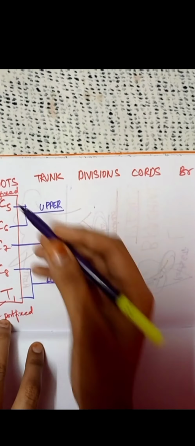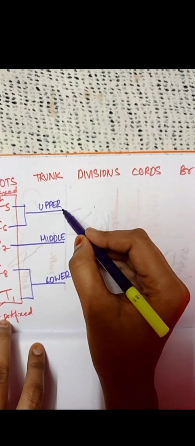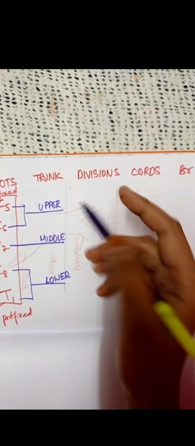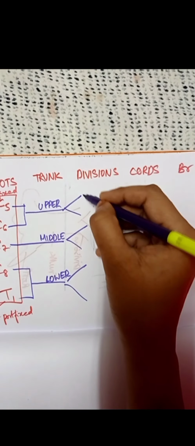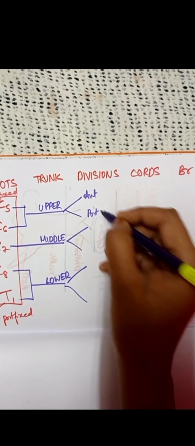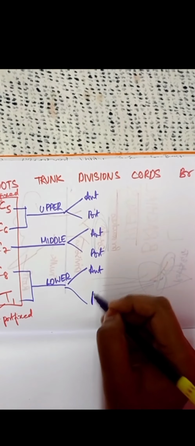So simple, combine the upper two, combine the lower two. Done. Divisions, there is no such symbol to remember: anterior, posterior. Every trunk will divide into anterior and posterior divisions. Done. Divisions, so good.